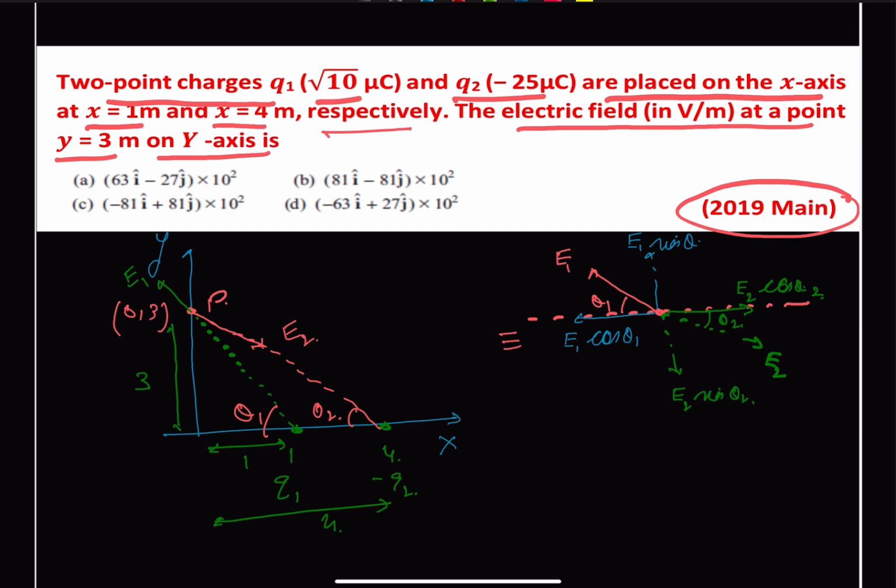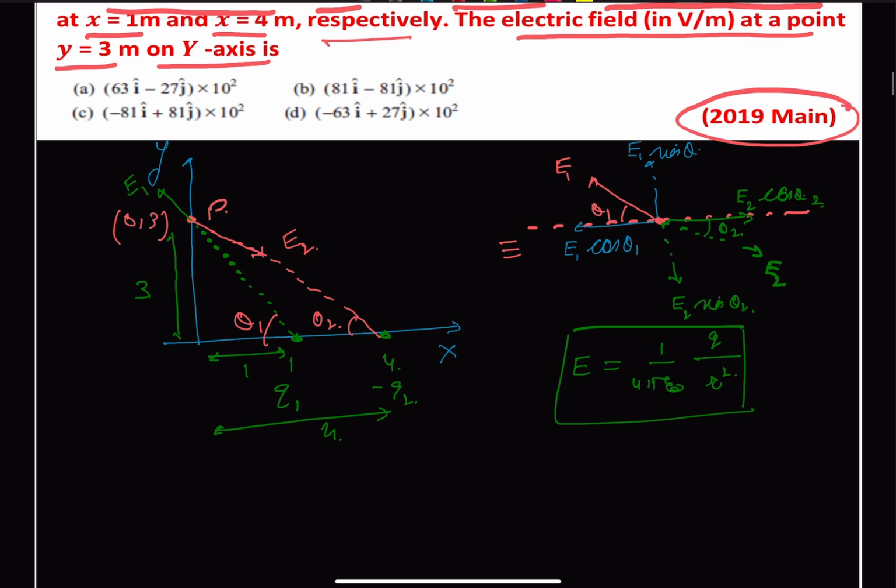The general formula for the electric field E is equal to 1 upon 4 pi epsilon naught, times the charge divided by the square of the radius.